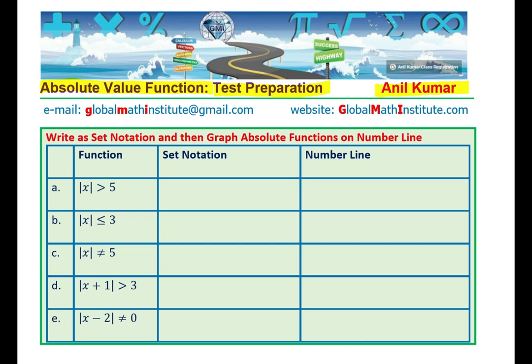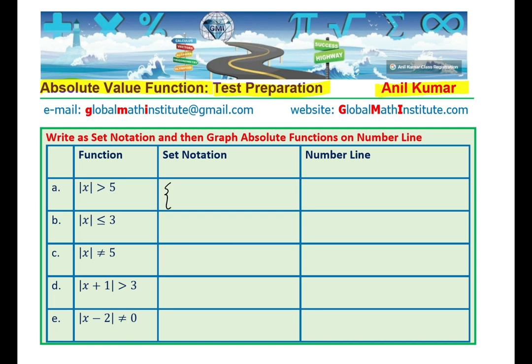The question here is: write a set notation and then graph absolute functions on a number line. So, 5 questions are there. The very first one is absolute value of x greater than 5. So, the set notation will be using the brackets, correct?